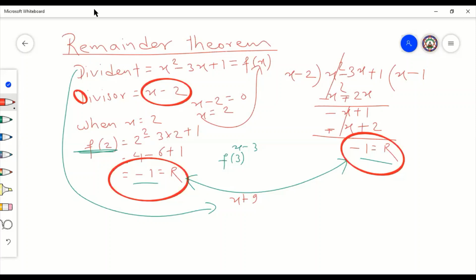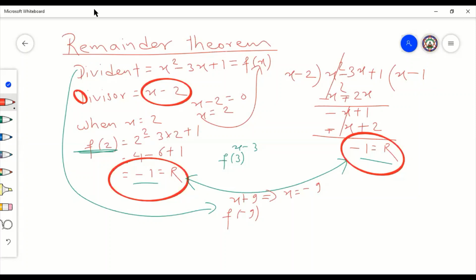We know that from this you get the value of x as minus 9. So its remainder will be given by f(minus 9), isn't it? This is the same here.